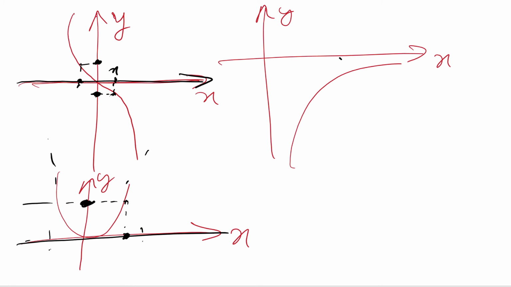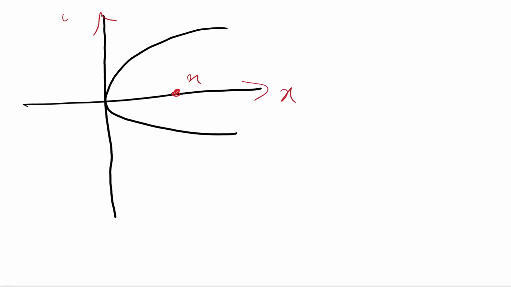Now, if you take a look at this curve, for example, if I draw this expression, this curve, you can see that if I pick a certain x here, let's say this is my x, this is the x-axis, this is the y-axis. If I pick x here, it's going to map to two values in y.